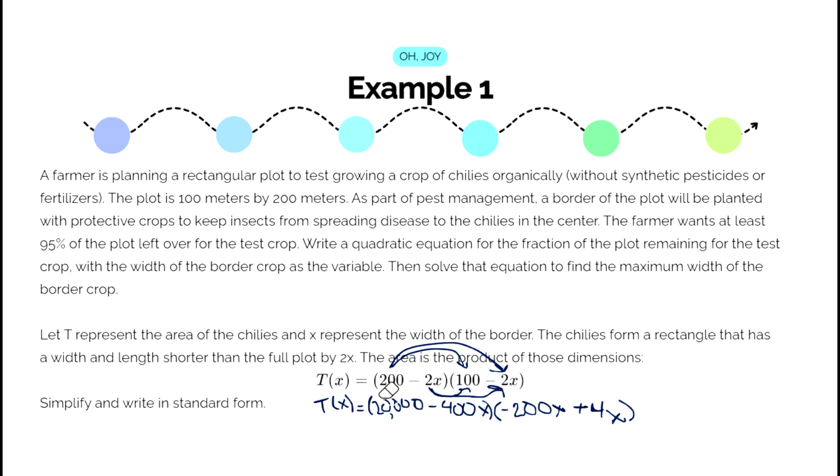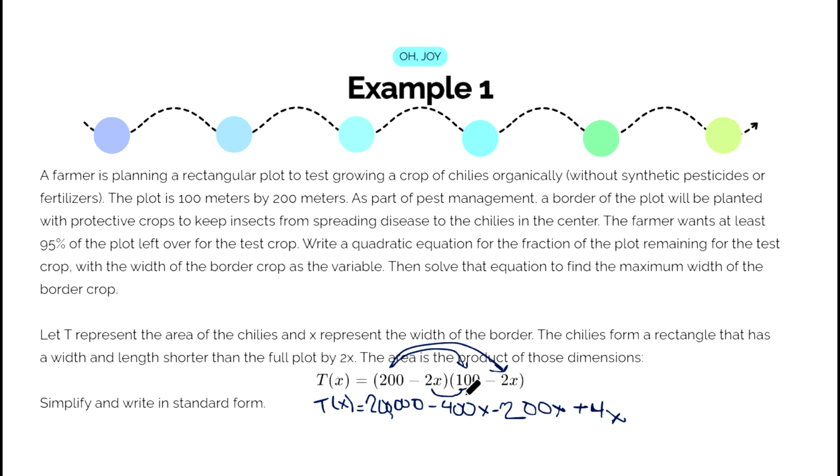This was 200,000, and this was 200x. So it's just a formula written like this now.